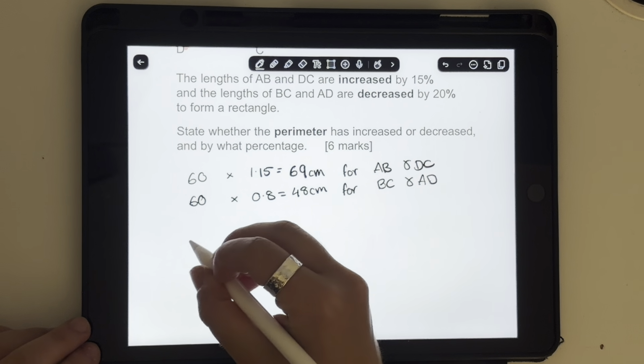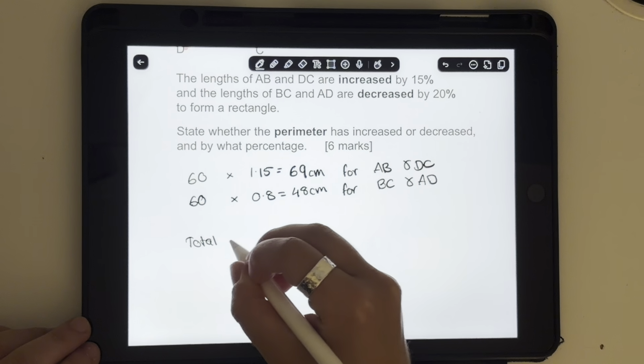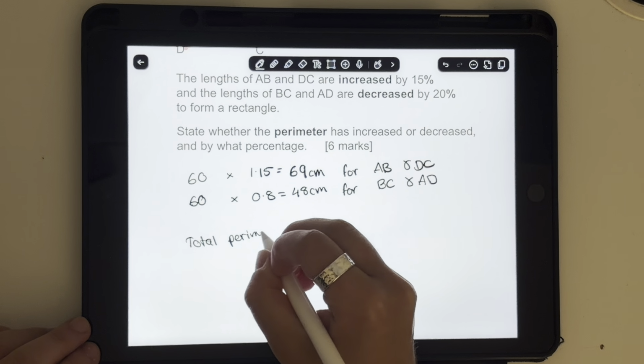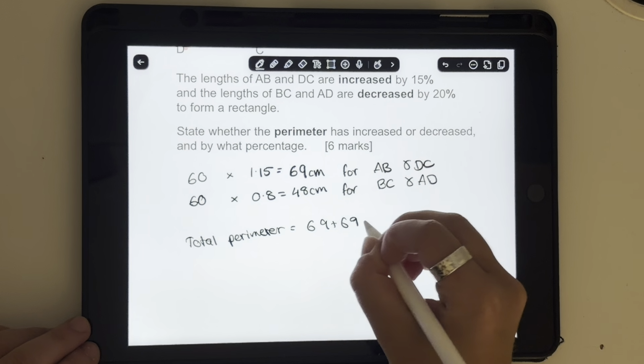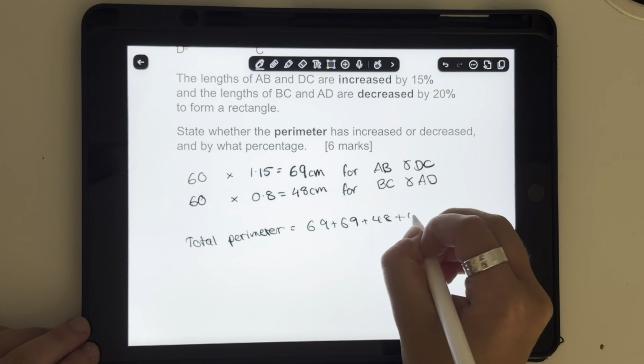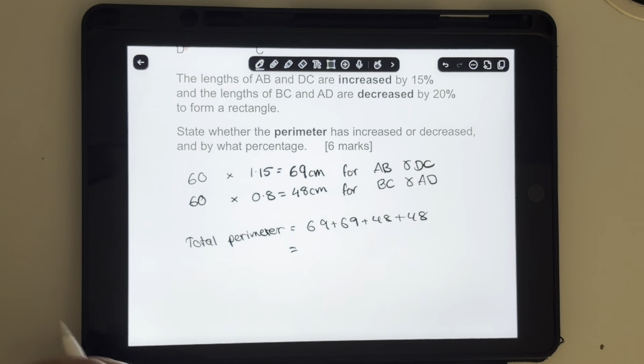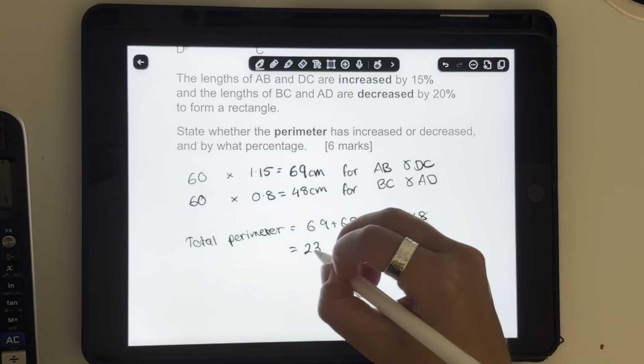So the total perimeter is 69 plus 69 plus 48 plus 48, which is 234.